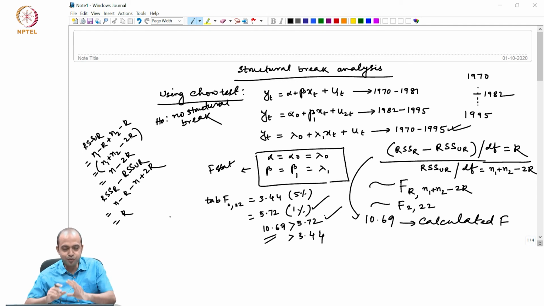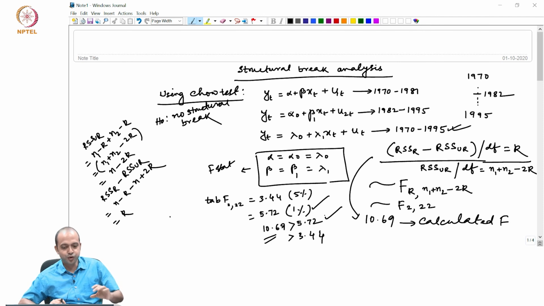So, whatever we have constructed manually, the same thing we are doing using the dummy variable, but the biggest advantage is, instead of running 3 different regressions and then getting RSSR, RSSUR and then constructing F, you can do it by applying a simple test command.